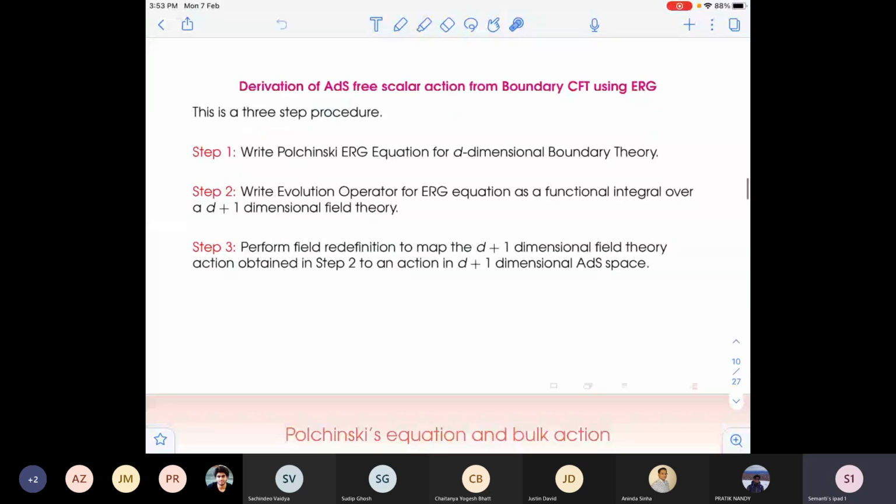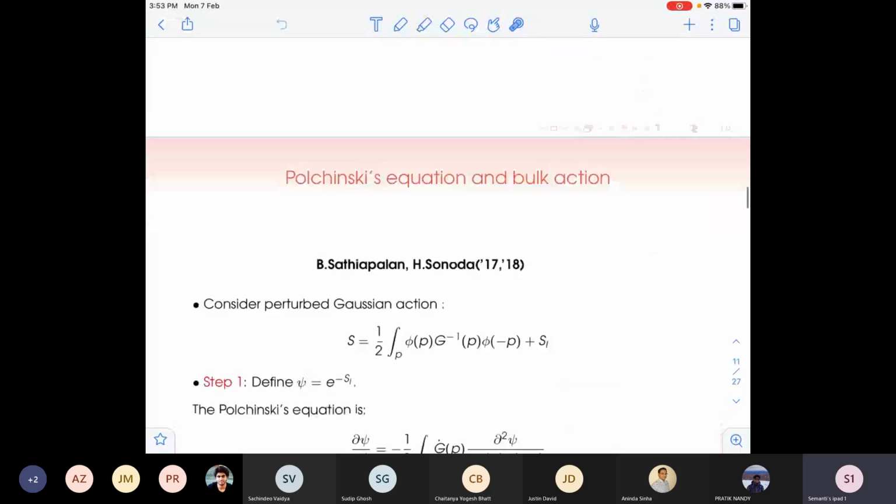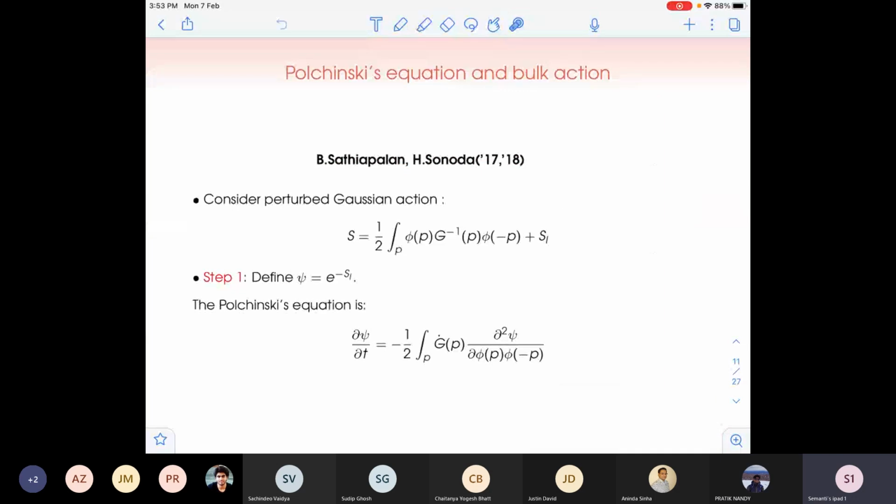So first we write the Polchinski equation in simple form. We define psi equal to e to the power psi, and suppose we are perturbing the Gaussian action. Now if we perturb, the equation takes this form.